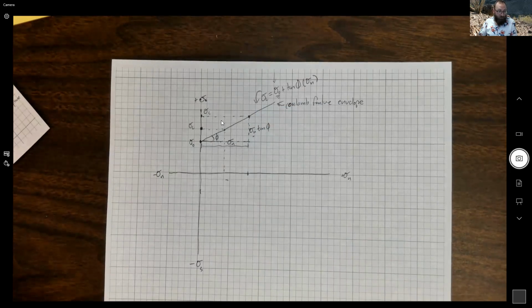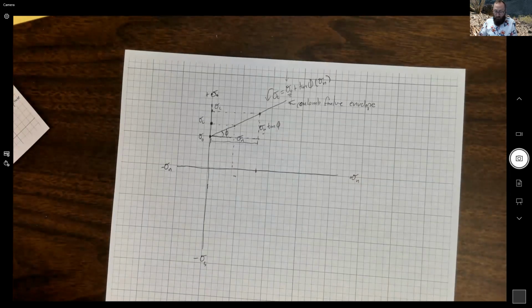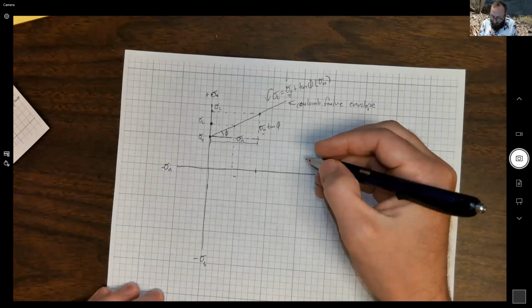The radius, in other words, is defined by the magnitudes of the confining and the maximum stresses, in other words, our differential stresses. So if our differential stresses become large enough and the circle touches or intersects the failure envelope, a fault will form and the rock will fail.